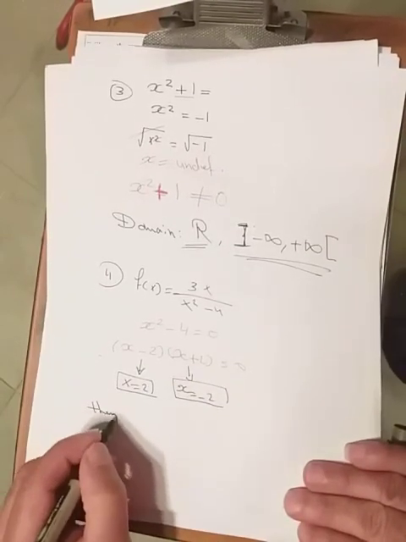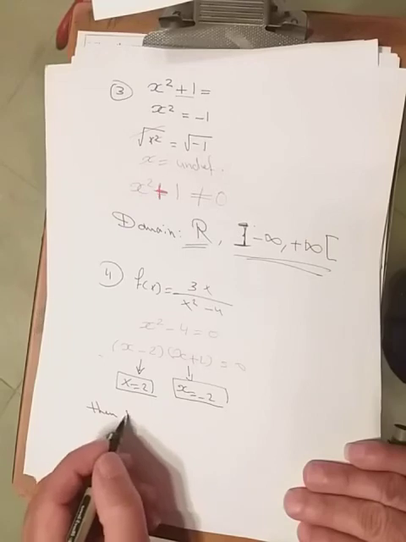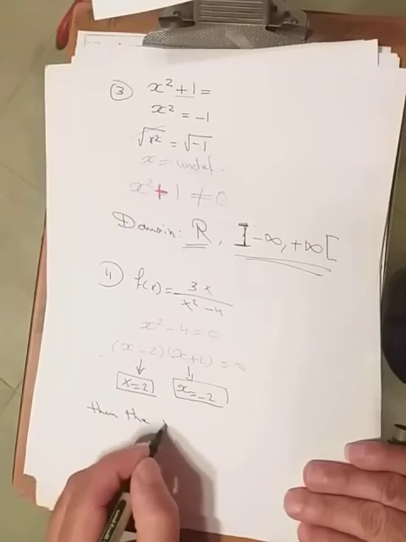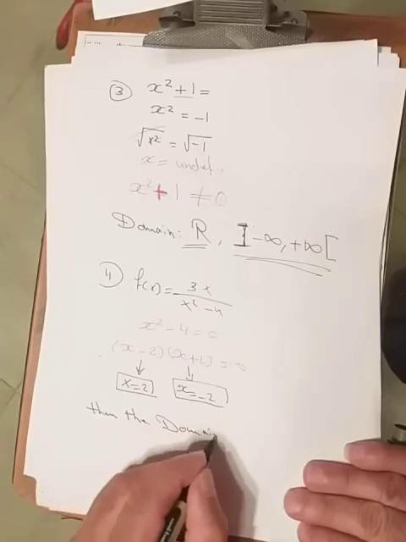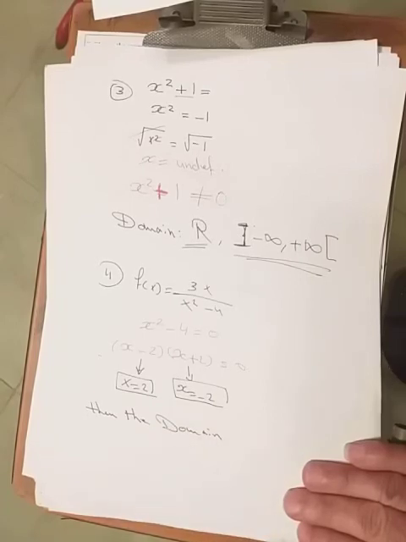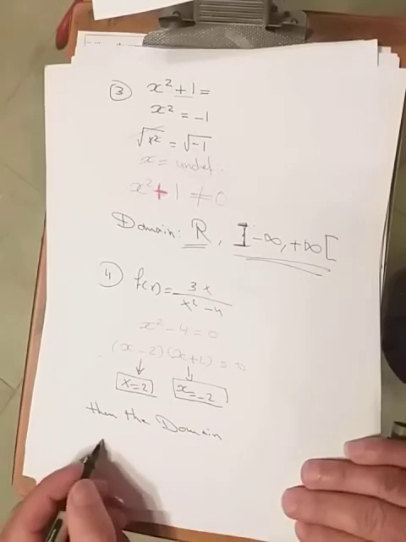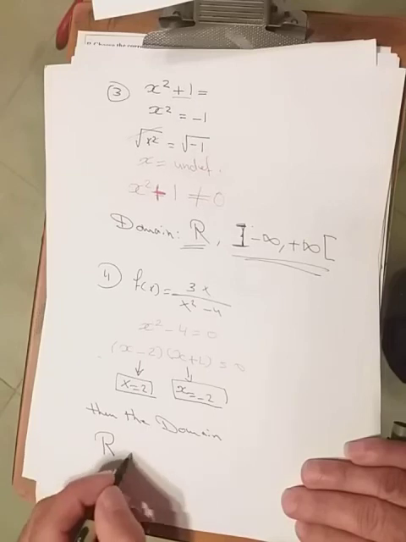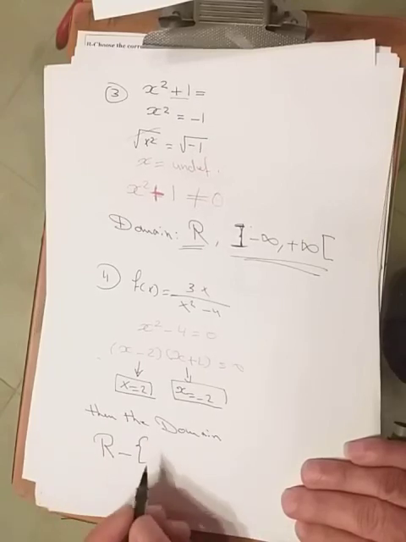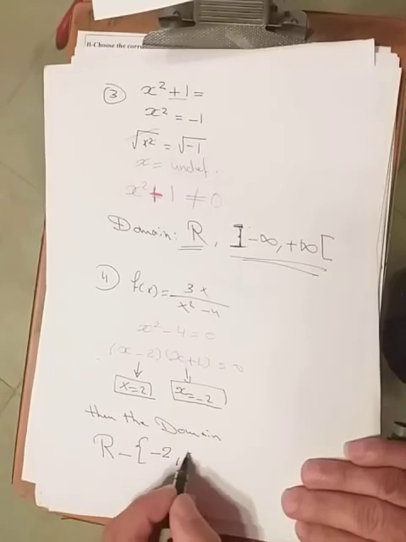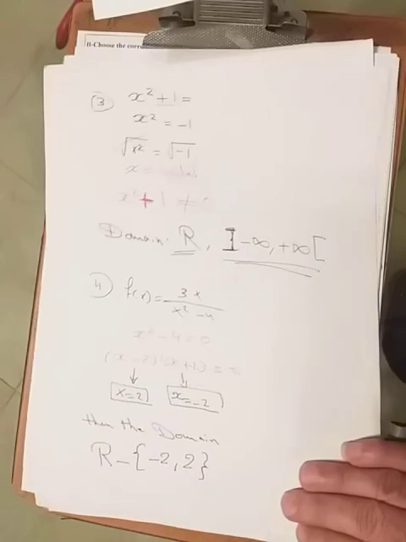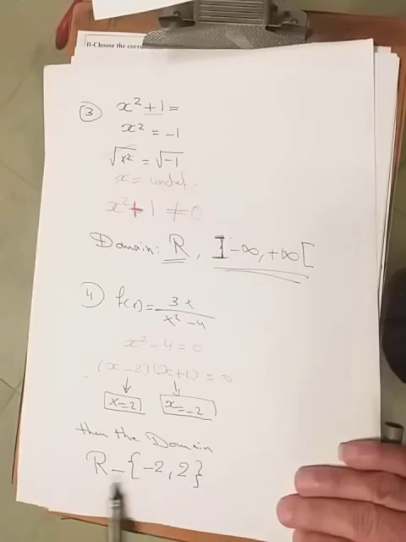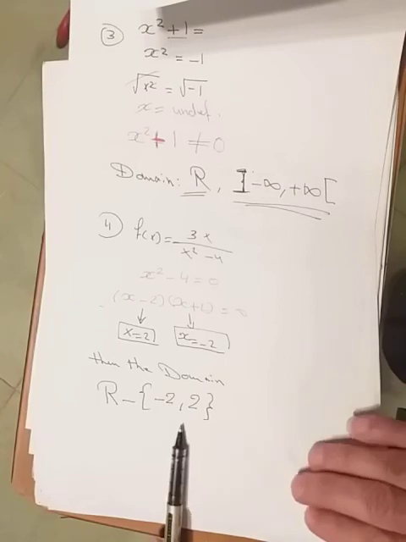Then the domain: what can we put for x? The domain is all real numbers except negative 2 and 2.